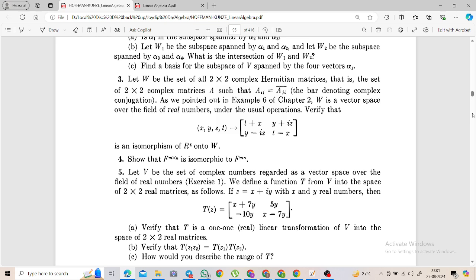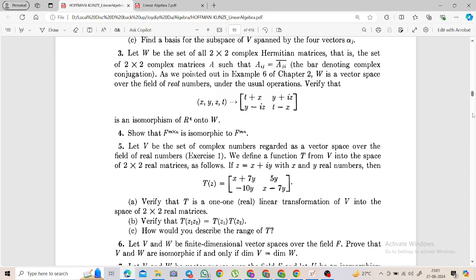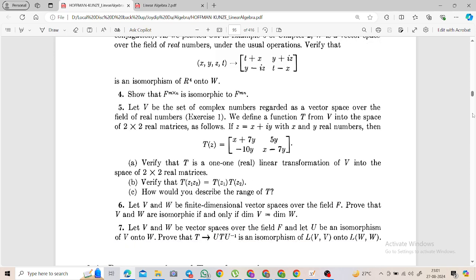Okay, so verify T(z1 z2) equals T(z1) T(z2). These are basic stuff actually. I think you can do it.